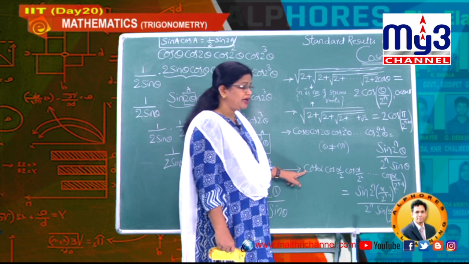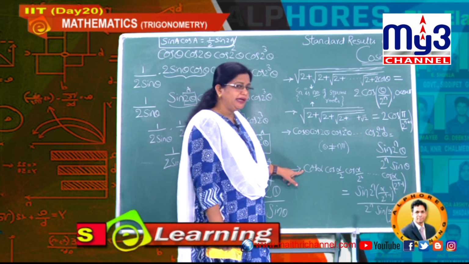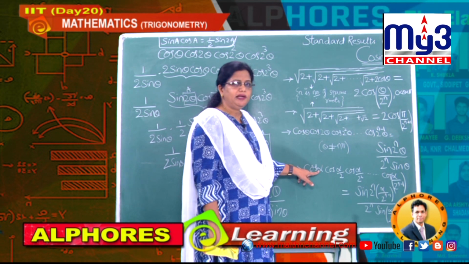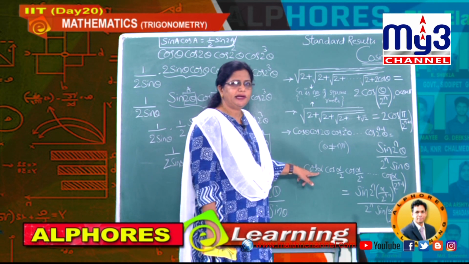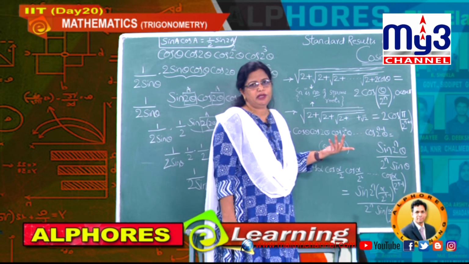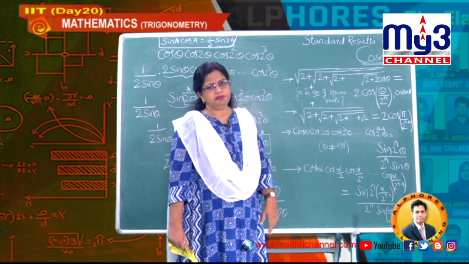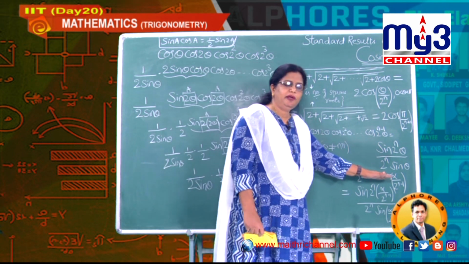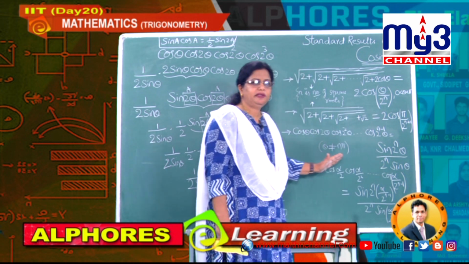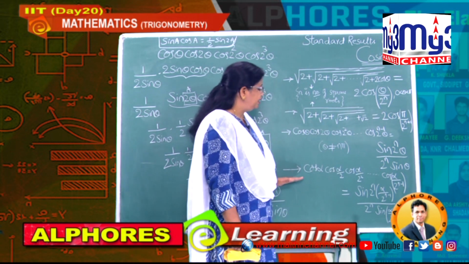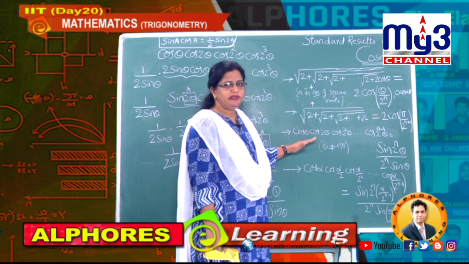Now if you start like this, half sine alpha multiply and divide, then you will get 2 sine alpha cos alpha, that will be sine 2 alpha. Sine 2 alpha into cos alpha by 2, you cannot write any of the formula. That is the reason you have to start this problem completely reversing the order. Understand? If you reverse the complete order, again it is nothing but the above result itself.